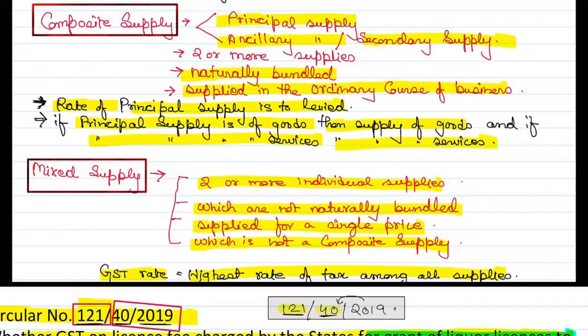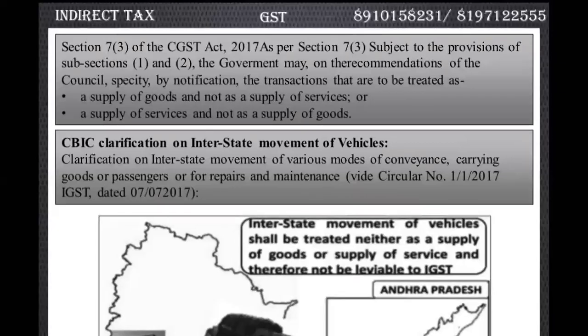They are not naturally bundled. They are supplied for a single price. Whichever among these three has the highest rate of tax, that will be charged to all three products. So one of your problems is solved now: the rate of GST. Even if you cannot determine whether it is a supply of goods or services, you can still identify what rate has to be applied. This is all there is in composite and mixed supply.